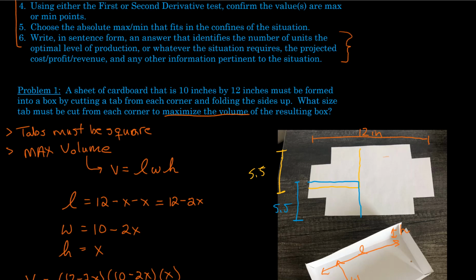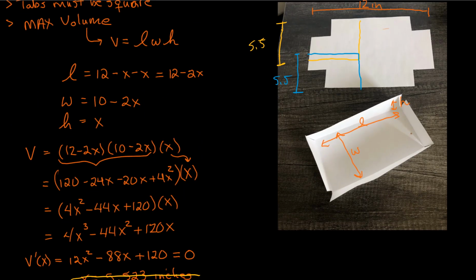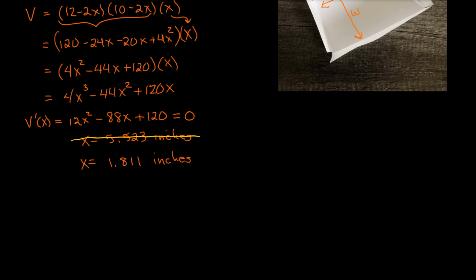Oh yeah, we have to use the first or the second derivative test to verify that the value we have is a maximum or a minimum. Remember, in this case, we are trying to maximize the volume. So I want to take my x equals 1.811 and, using either the first or the second derivative, determine if this is a max or a min.